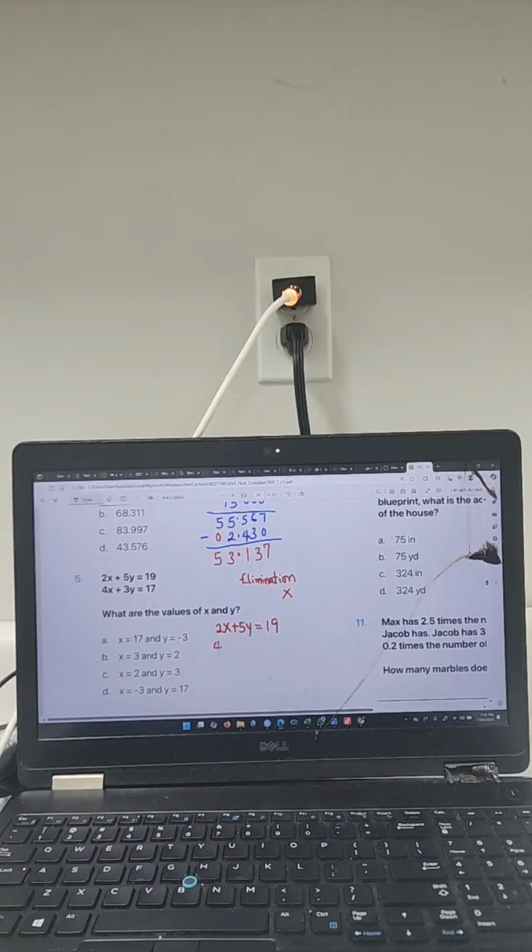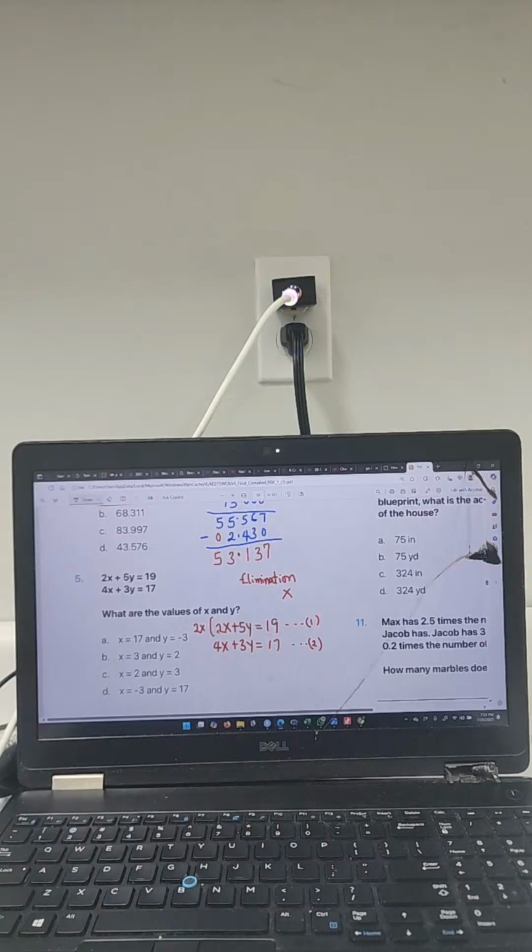And here we have 4x plus 3y equals to 17. To eliminate this x, you have to make sure they have the same coefficient by multiplying this equation by 2. So I'm going to call this equation 1, and I'm going to call this equation 2.